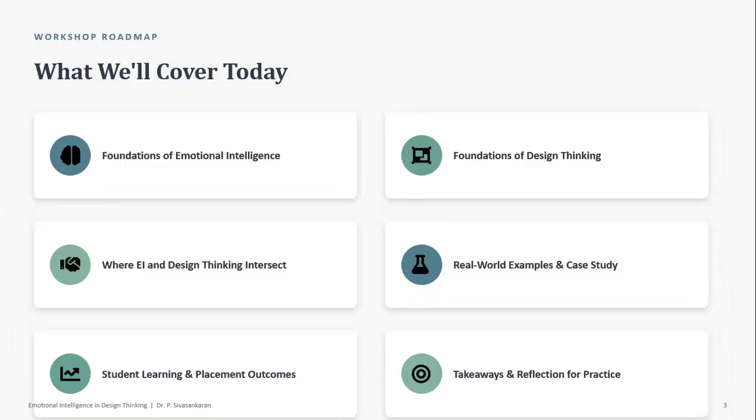Then we examine how emotional intelligence strengthens every stage of design thinking. We will discuss some of the global industrial examples and an educational case study. Finally, we will look at measurable students' learning outcomes, placement outcomes, and conclude with key takeaways and reflections.